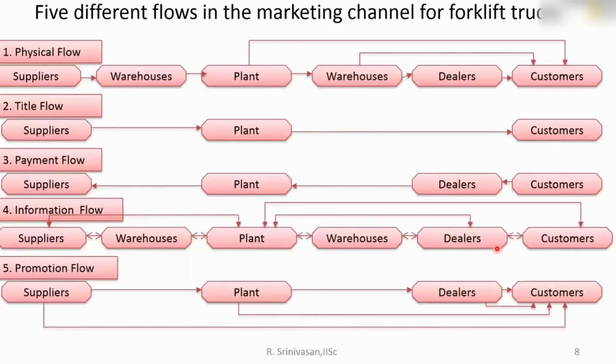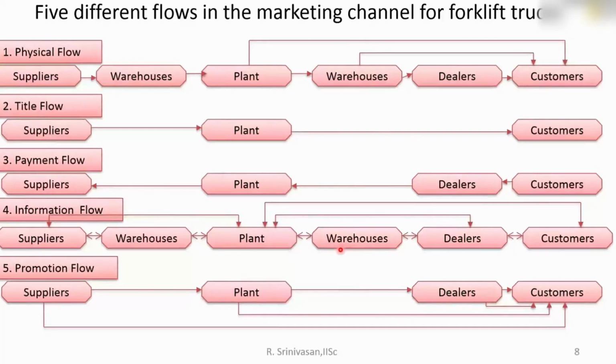So you can also have a flow between the plant and the customers. You can also have a flow between customers, plant and the dealers. That is also possible. Between the plant and the suppliers of raw materials also the flow is possible. If you go direct, these are the to and fro flows. There can also be flows occurring intermittently or continuously between these different components of the business unit.